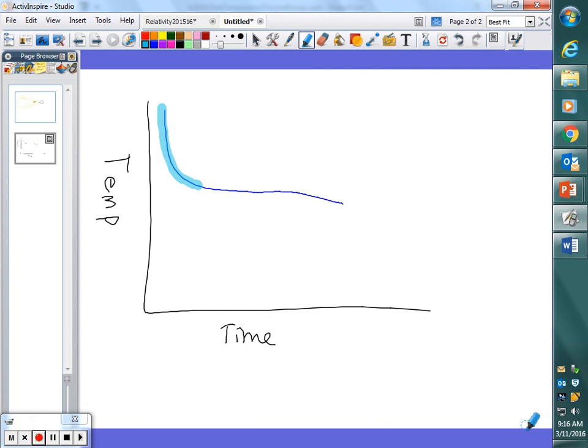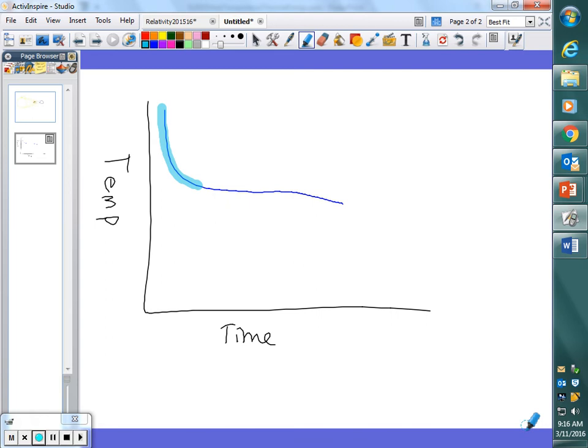Well, what's hot? Lauric acid's hot, and you took it out of the water and brought it into the air, right? The air is colder. So, heat's going to flow from the lauric acid into the air, right?